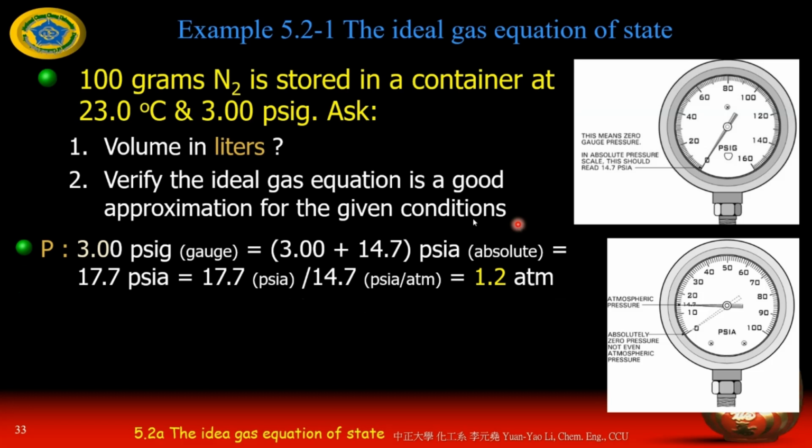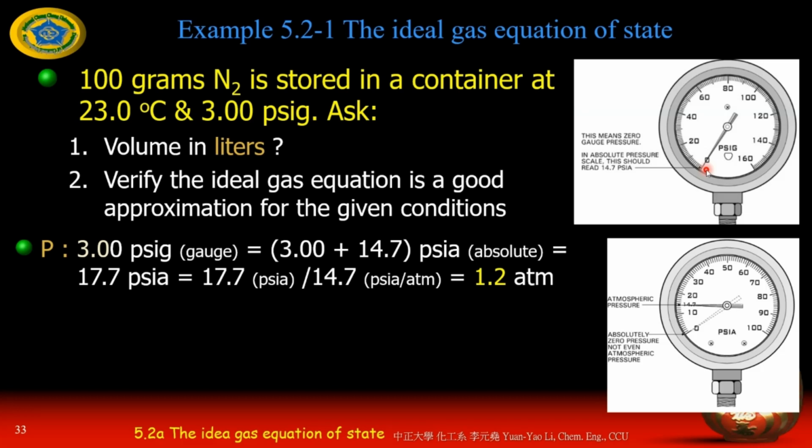Okay, so P is 3 psig, gauge. I just want to show you here. Can you see these two gauges? The unit of this gauge is psig. If the pointer goes to 0, what does that mean? Is this a vacuum condition?